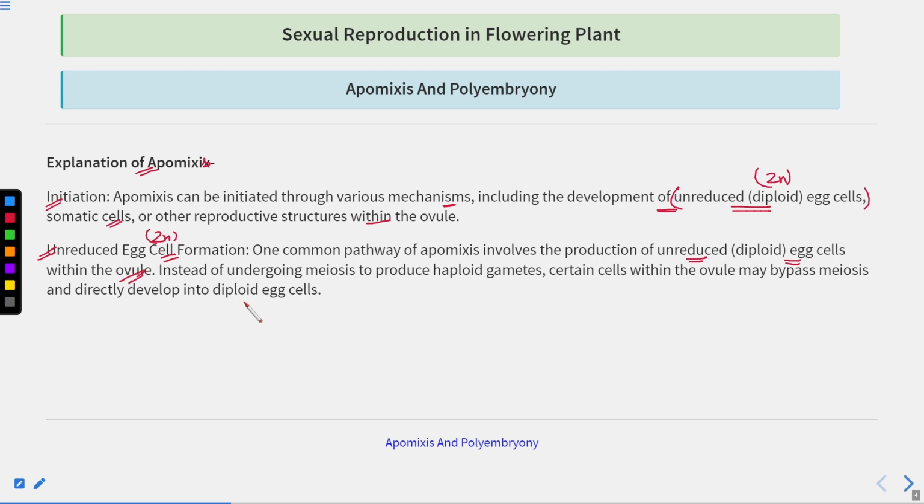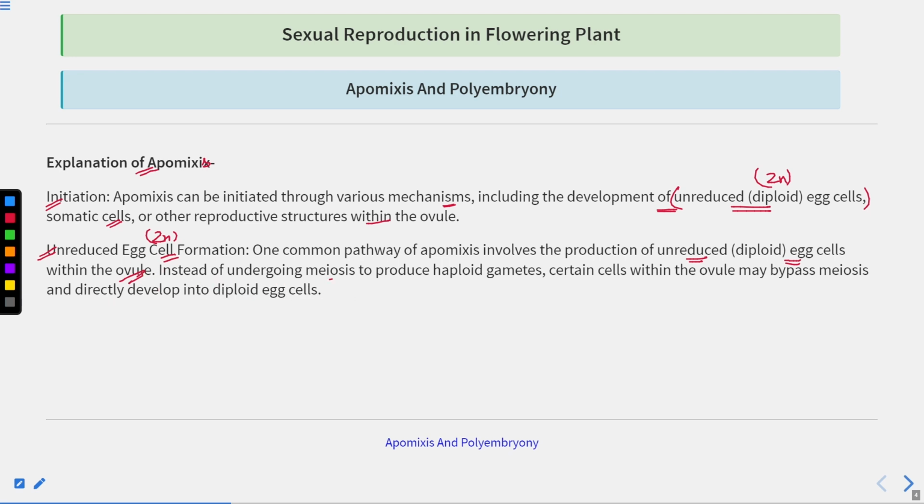This can be produced due to a problem in meiosis. If there is no separation of the chromosomes, then the ploidy level of the cell will increase. The chromosomes will not separate, so one of the cells will contain all the chromosomes. Clear?